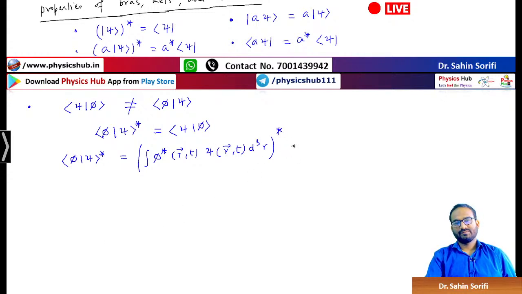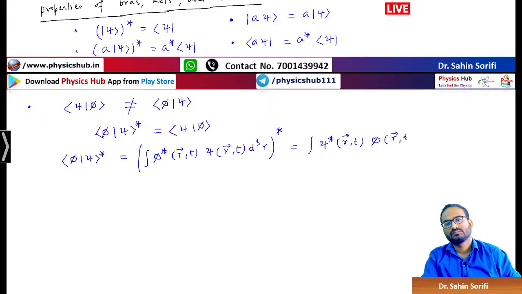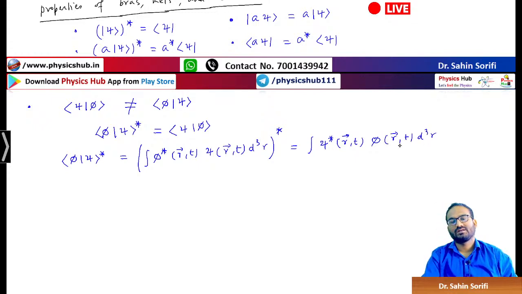So what will it become? This complex conjugate will be applied from the later portion. So psi star of r,t will come first, then phi star star, so it is phi of r,t, d cube r. So what is this?